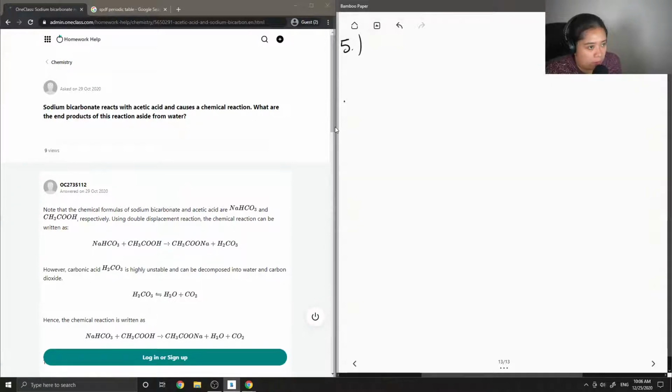So the chemical structure of sodium bicarbonate is sodium, obviously, and bicarbonate ion. So this reacts with acetic acid. So the formula for acetic acid is CH3COOH.